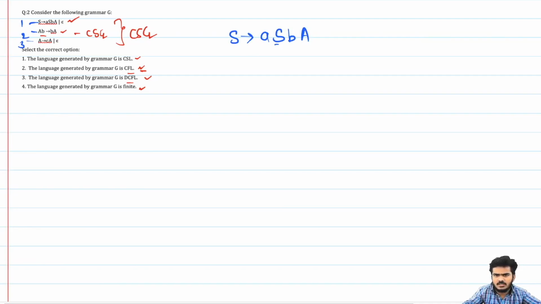So again, instead of S I'm using ASBA. S is producing ASBA, and again instead of this A I will write ASBA, and this BA is as it is.